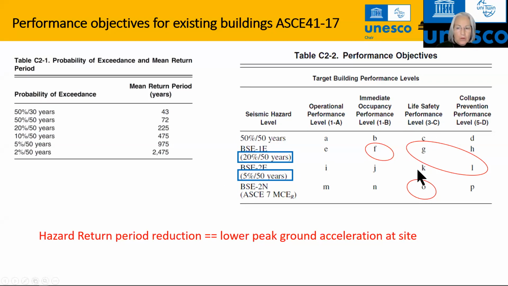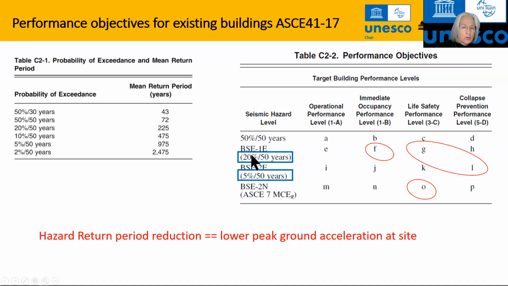Typically, we know that we design buildings for life safety performance. Some buildings are designed for immediate occupancy, and of course, in some cases, we also want to determine the collapse prevention for an extreme level of hazards.